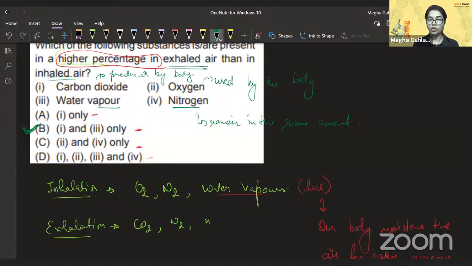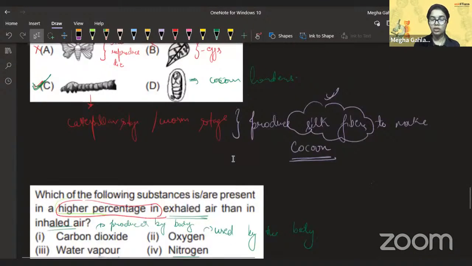And we have already talked about the water vapors, as in how the body moistens the air which is inhaled by us so that there is easy gaseous exchange into our lungs. Now that being said, option B is the correct option. There's going to be a little more water vapor and a lot of carbon dioxide for that matter. These sorts of questions are found in section 2.